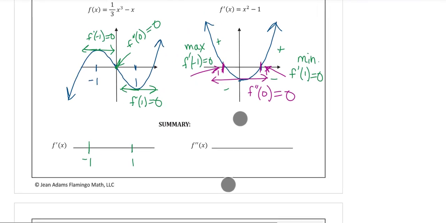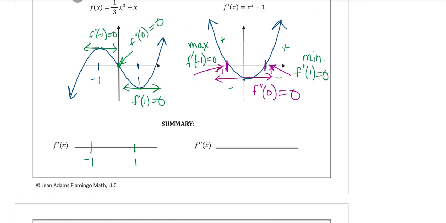So here's our graph. Before -1, our derivative is positive, and you can see on the graph that the slope of the tangent line would be positive, and you can see it in that section of the derivative. It's above the x-axis. So our derivative is positive, so that means our function is increasing.